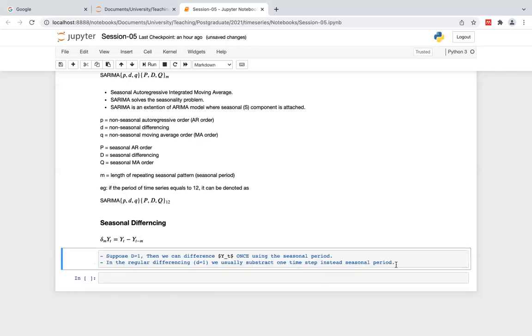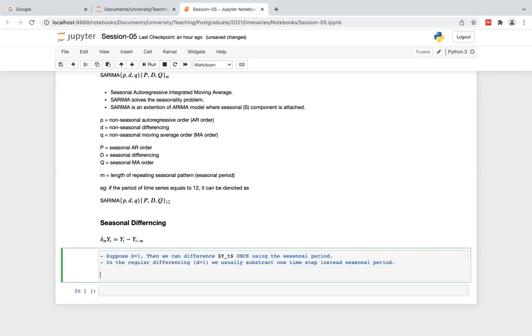For example, suppose we have monthly data, and t equals the month of April.